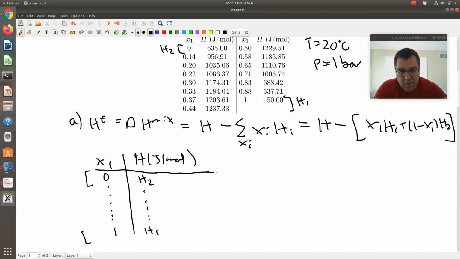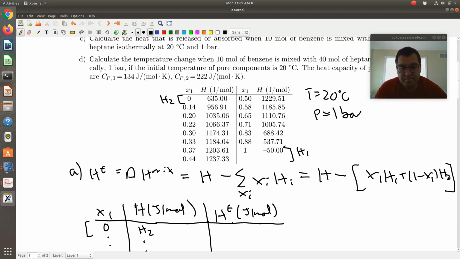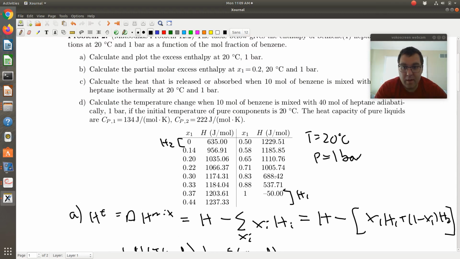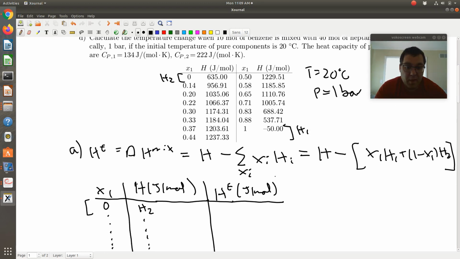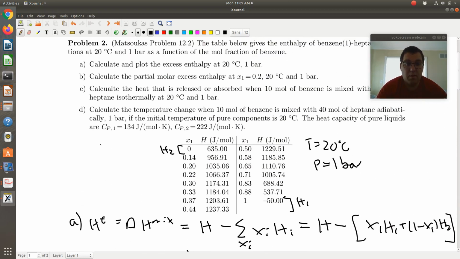I could use those to calculate HE, which would also be in joules per mole. That's how I would get A. And if I wanted to plot it, once it's tabulated, I would just plot HE versus x1. So that's A.